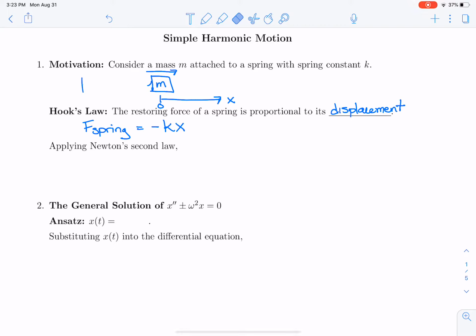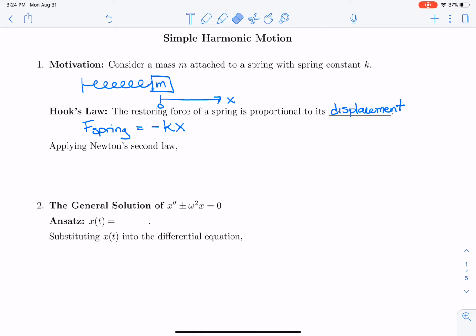But if you were to stretch the spring, to move it in this direction, then you expect the spring to exert a force that pulls it back towards the wall because it wants to be in its natural resting spot. So it's always going to be exerting a force that restores the mass back to its resting position, and that's going to be the opposite direction that we displace the mass.